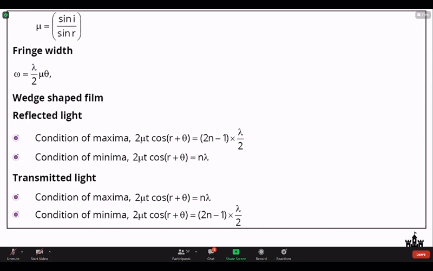The condition for minimum is 2 mu t cosine r equals n lambda. Similarly, for the wedge shape, transmitted light will have similar equations, but reversed. So you can take the screenshot. Just make sure the formula for fringe width omega is lambda by 2 mu theta. That is the correction.